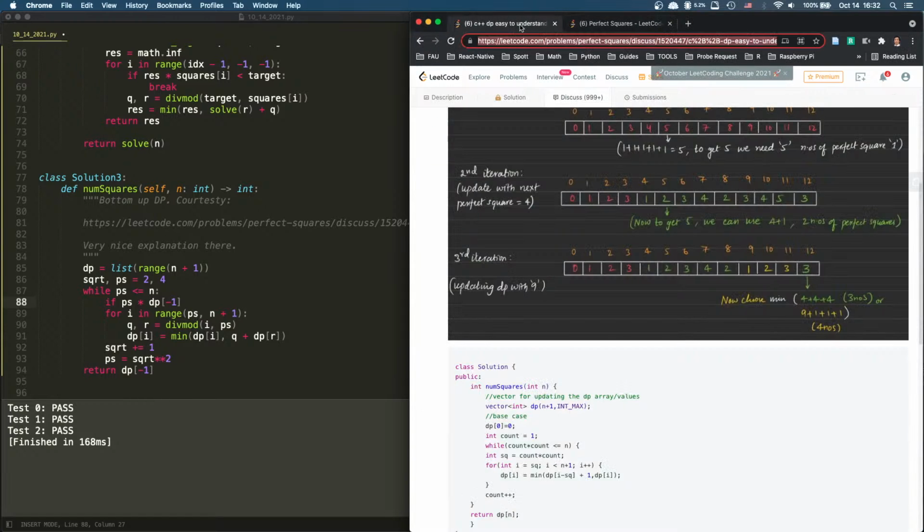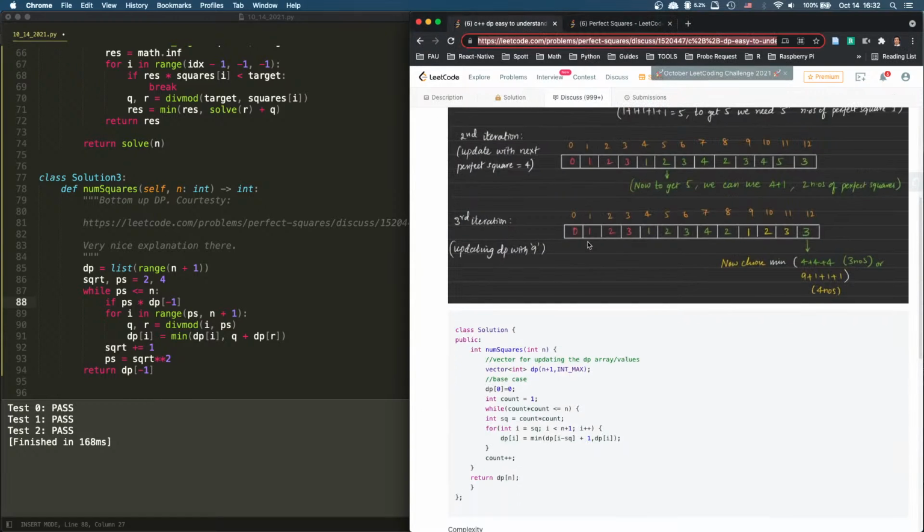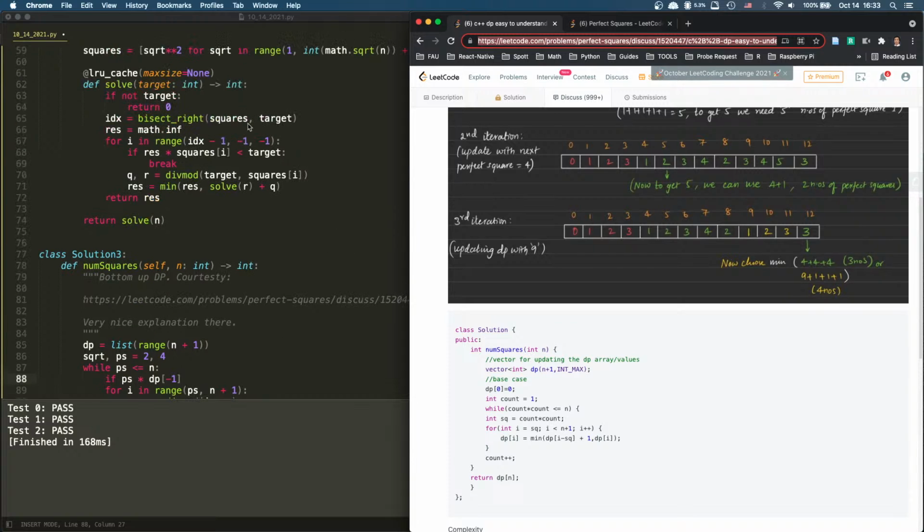Wait, what did I not notice? Well, minimum I minus SQ, a square. But this one's so much faster.